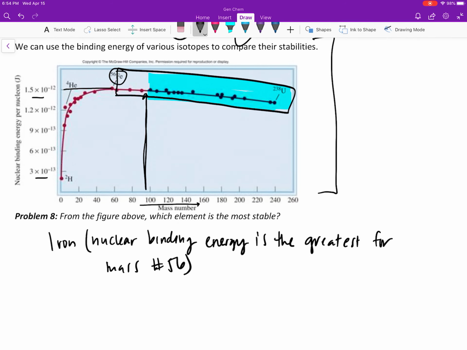It's not to say that these are so stable they don't break apart. Because there's so much energy holding the nucleus together, when they do break apart, it releases a lot of energy.